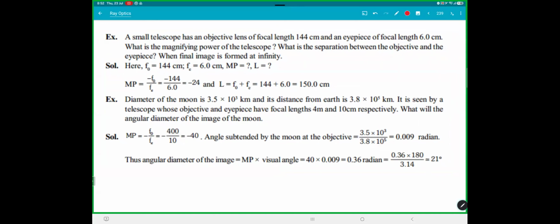So if you look at the first one, a small telescope has an objective focal length, so this is f naught. Eyepiece का focal length is fe. He's asking what is the magnifying power? Minus f naught by fe. Direct formula. What is the separation between the lenses? f naught plus fe, when the final image is formed at infinity, meaning he's talking about normal adjustment. बस हो गया question, इतना ही था. That's it. If you just know this formula, you're done. That's a proper mains question.